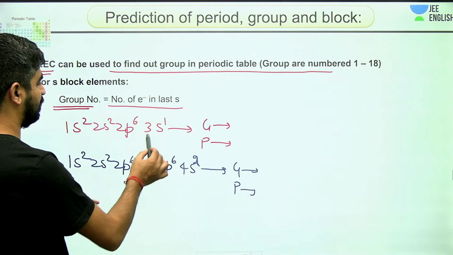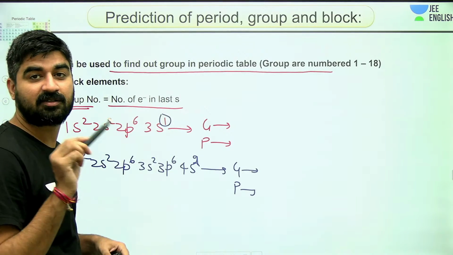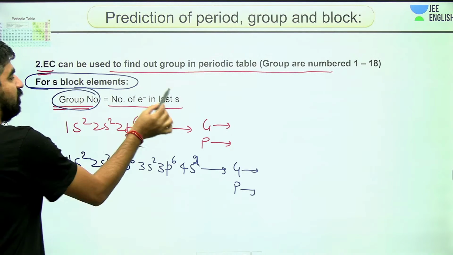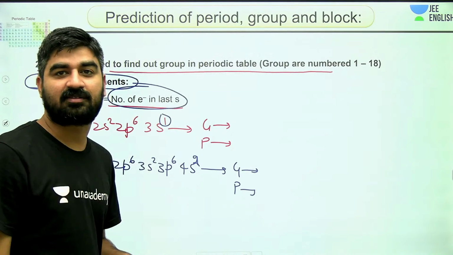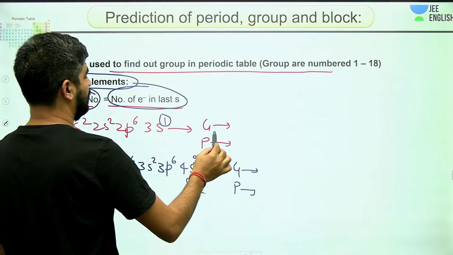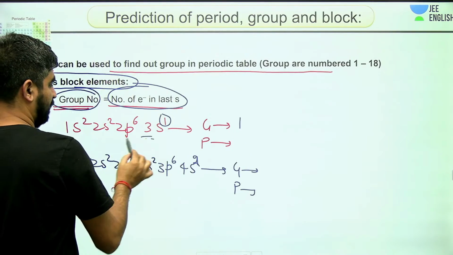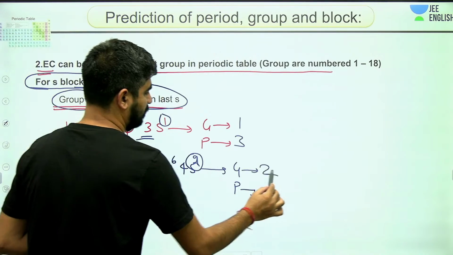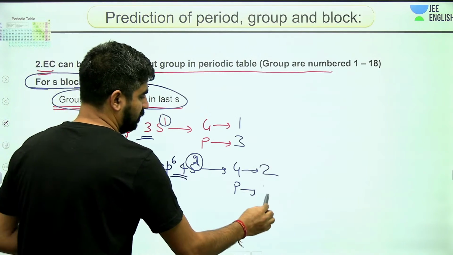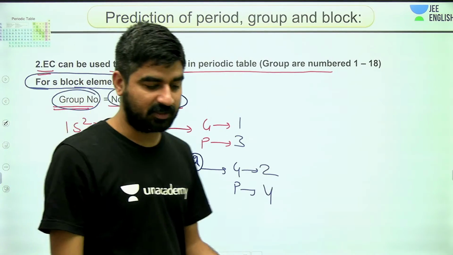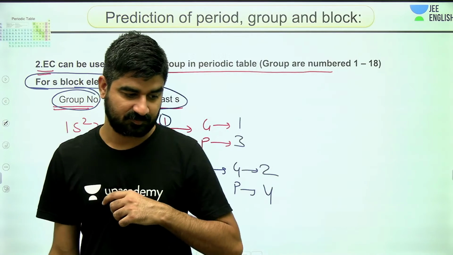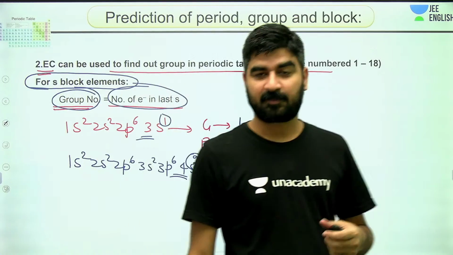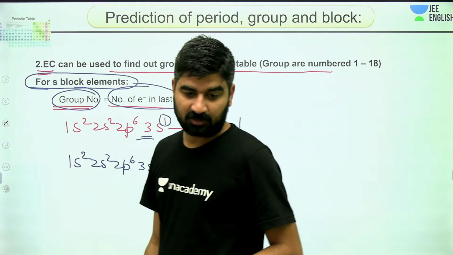So for this group number, because this is an s block element, this is only for s block elements. So group number will be equal to the number of electrons in the last s. So we have 1, so group number will be 1, and n is 3, so period is 3. In this one it is 2 and this is 4. So maximum n is 4, so the period number will be 4. Yes, Nehanshu. Got it? Any doubt?